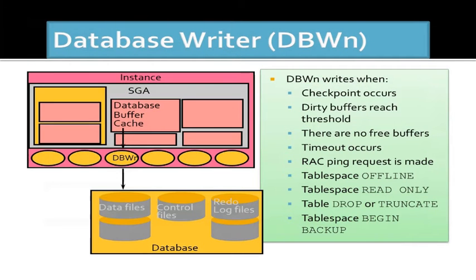Database Writer. In the Database Writer, what we see is the instance, and in the instance we have the SGA. In the SGA we have the database buffer cache, which communicates with DBWR. The DBWR communicates with the database buffer cache and the data files.